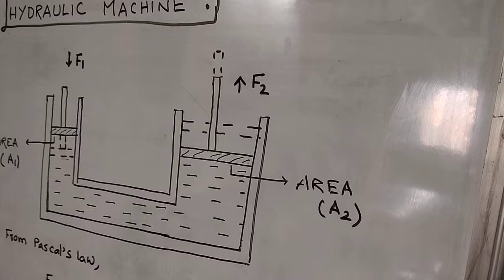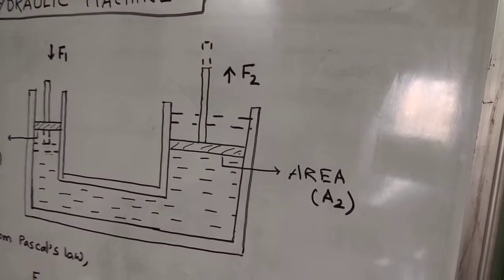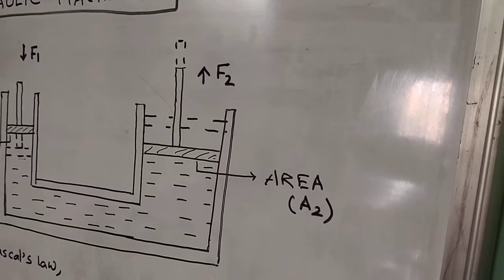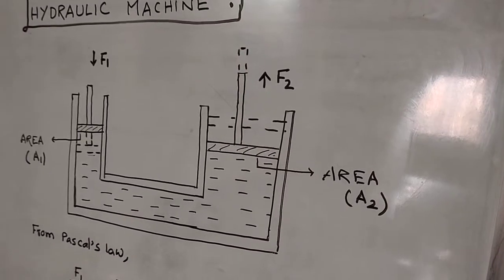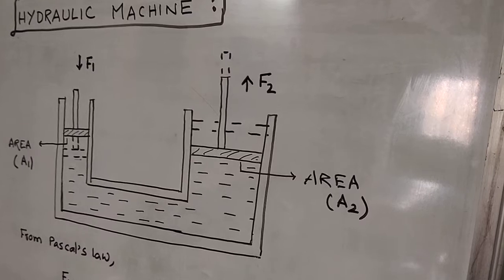You can block the opening by using the piston, and this one is a movable piston, it's not fixed. The area of cross section A1 is less than the area of cross section A2.